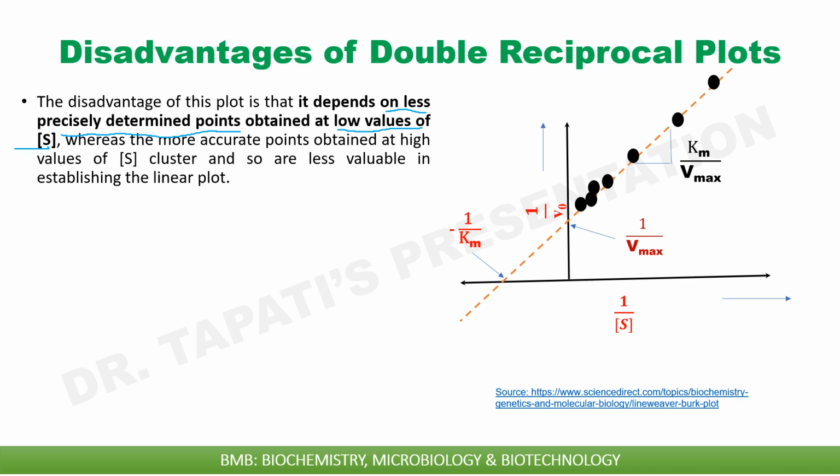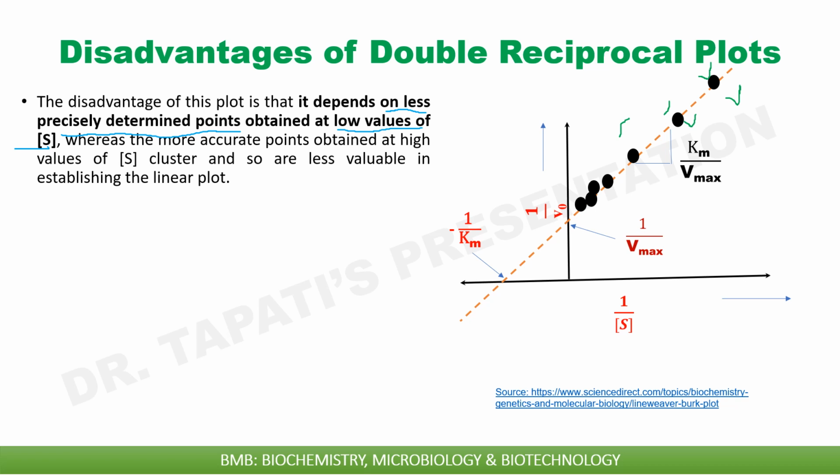As I already told you, these points are for lower substrate concentration, because 1 by S value will be higher in that case, and this straight line or this plot is dependent on less precisely determined points at low values of substrate concentration.